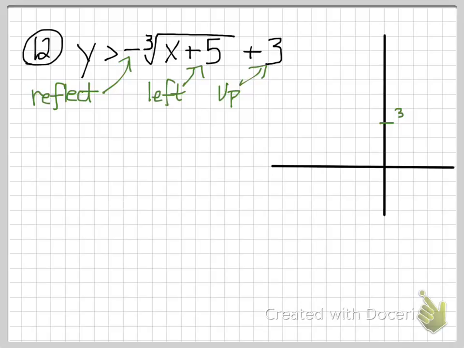So we go up 3 and left 5. This is my new starting point. Remember, it's a cube root, so that starting point's kind of in the middle. Now it's negative, so instead of moving up and to the right, we're going to go down and to the right, and then up and to the left. Let's get one more point on there.